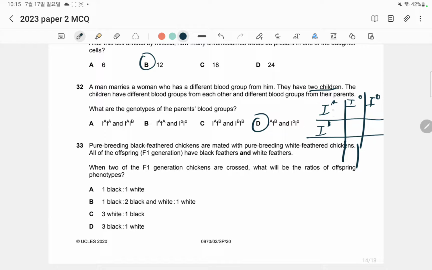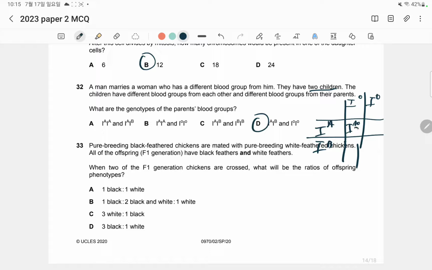Let's say this was the father's blood type and this was the mother's blood type. So now here are the possibilities.